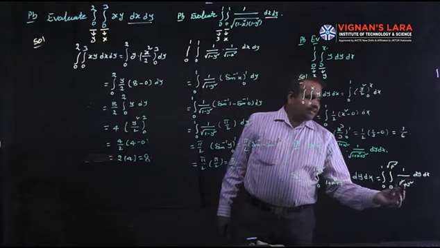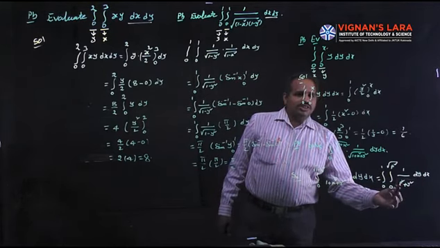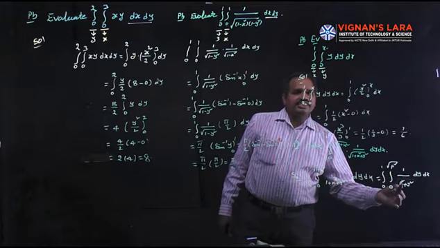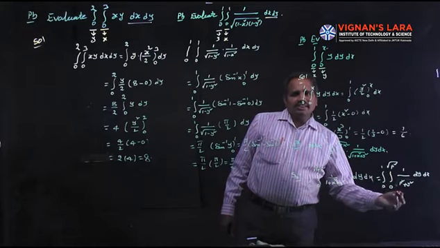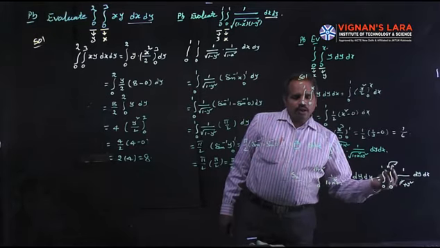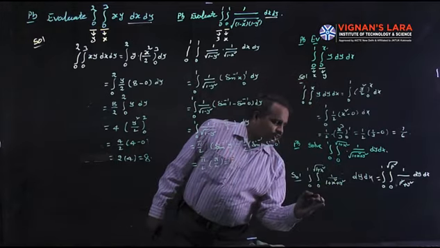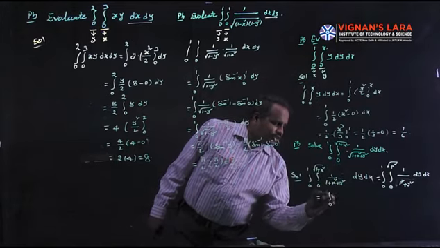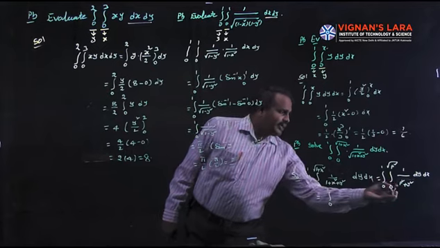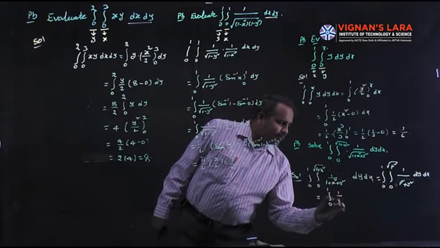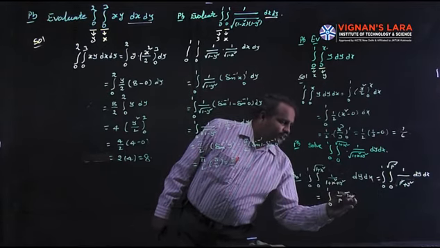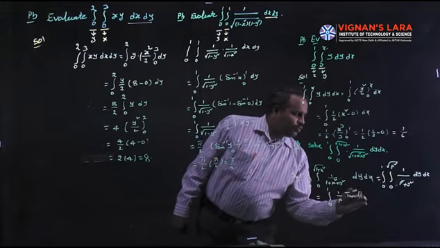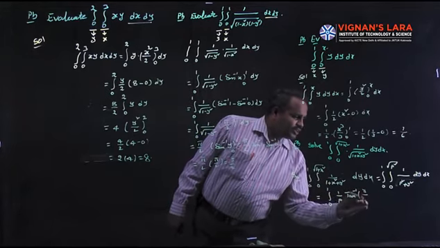Y is the variable, so p is constant. It is of the form 1 by a square plus x square. The integration of 1 by a square plus x square is 1 by a tan inverse of x by a. What is the value of a? P. So 1 by p tan inverse of y by p.